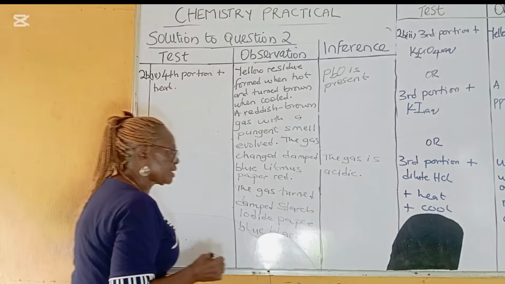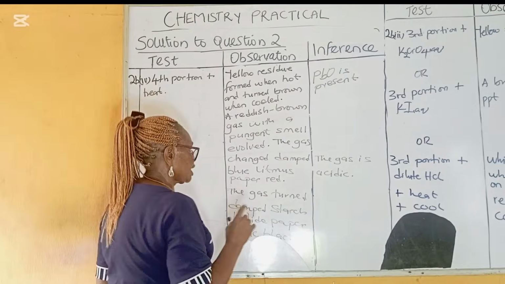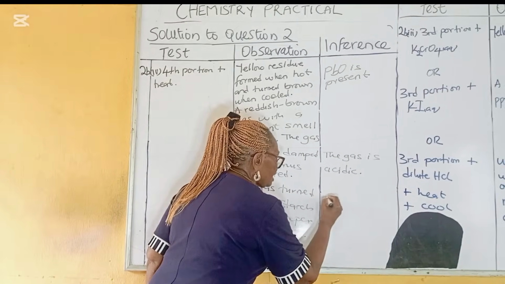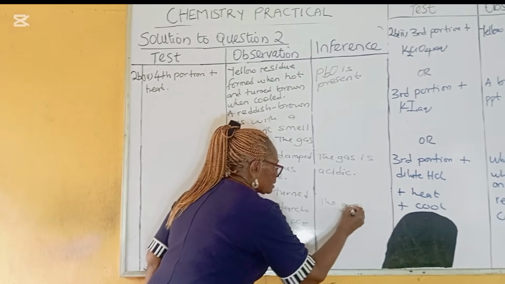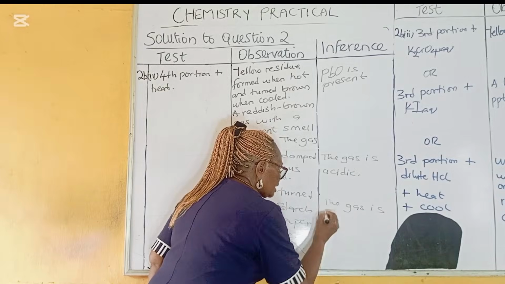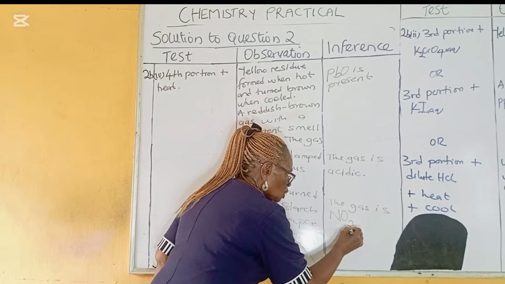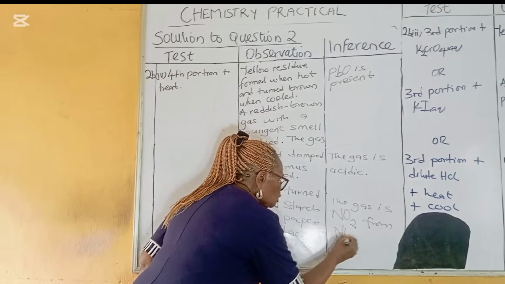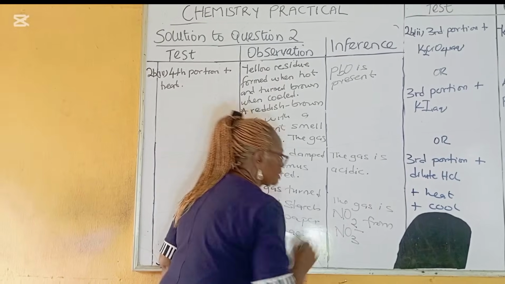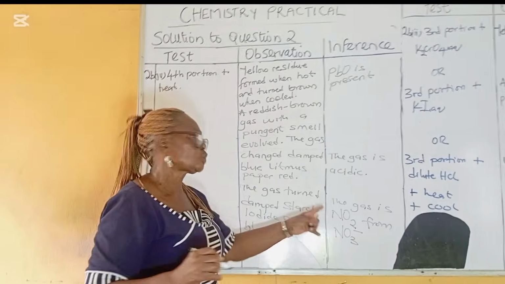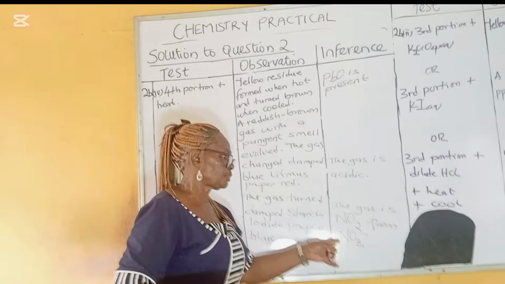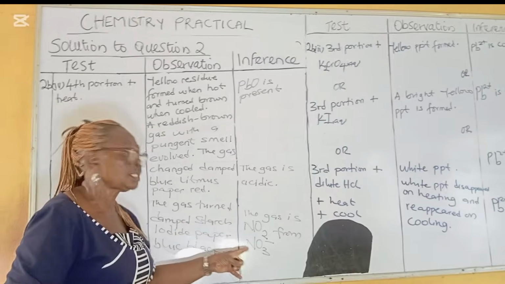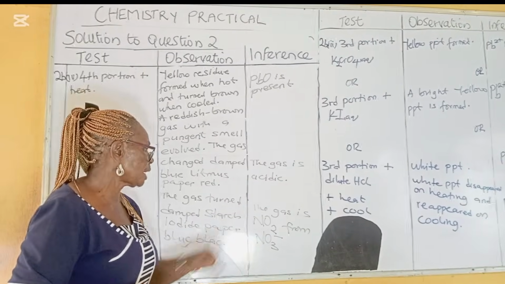Sorry, I don't have the paper here, but that is the confirmatory test. You can now say, because you have confirmed the gas, you now say the gas is NO2. From where? From NO3 minus. It is the gas that portrays the anion. So it is the gas that tells you that the anion is NO3 minus.